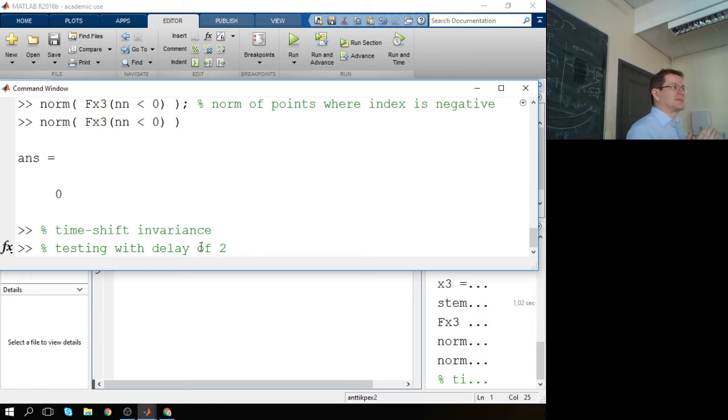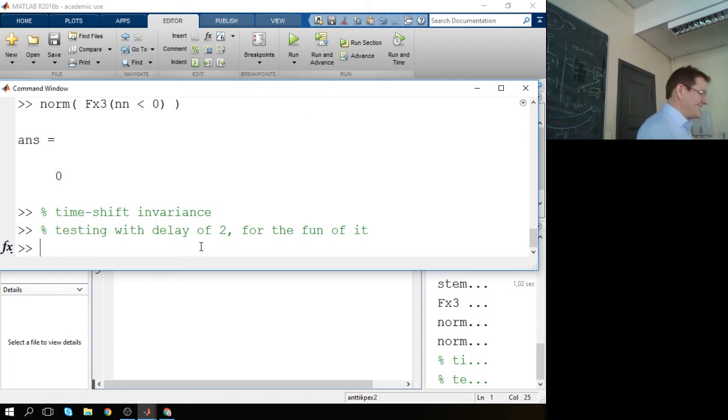Most of the systems, if they are not time shift invariant, actually fail already on the first time step delay. So just for fun I use 2. All right, testing with delay of 2.